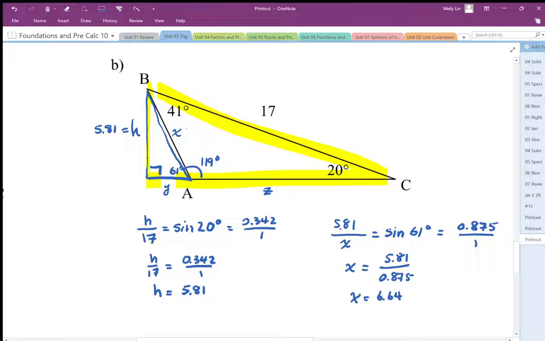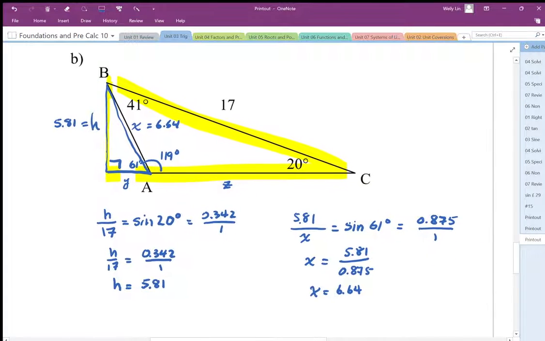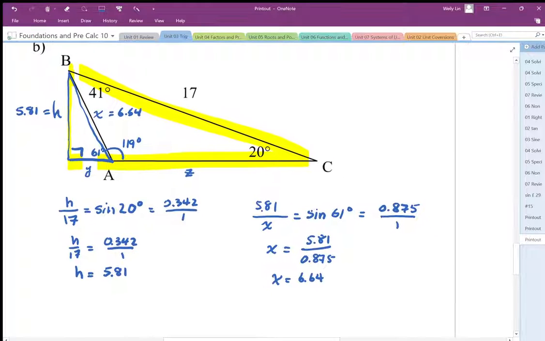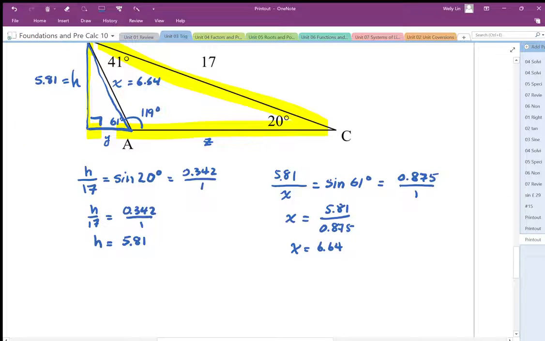So this unknown length is 6.64, and I now need to solve for y plus z and y, and that allows me to then figure out the length of z. I'm going to first start with solving for y.